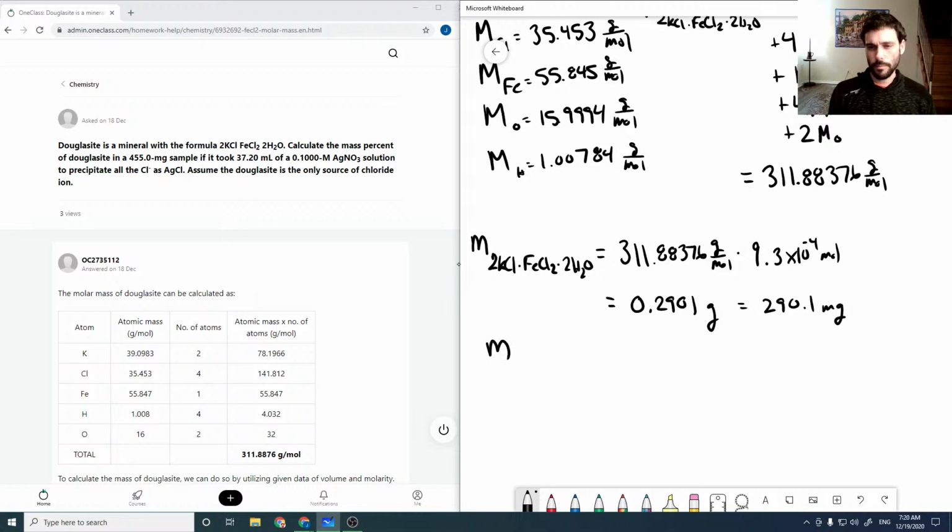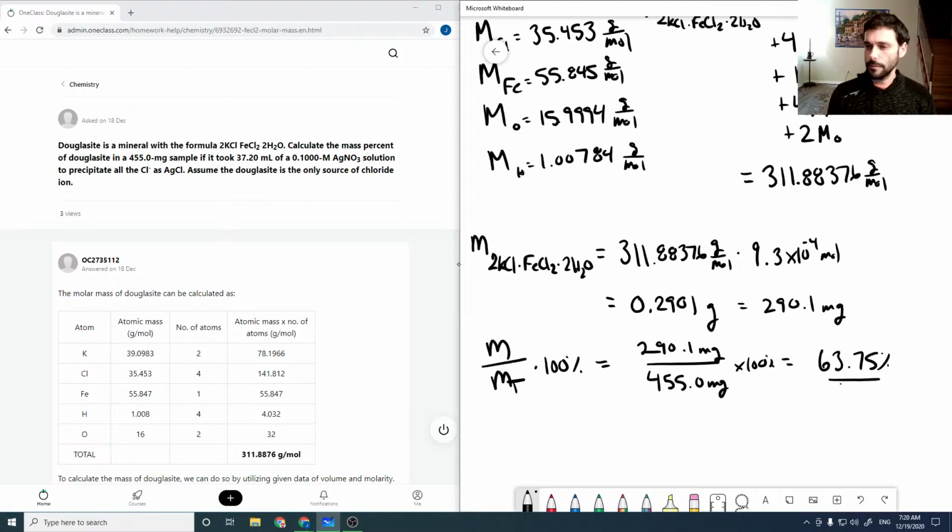So it wants a mass percentage of a 455 milligram sample. So that would just be the mass over the mass total times 100%, which is 290.1 milligrams over 455.0 milligrams times 100%, or 63.75%.